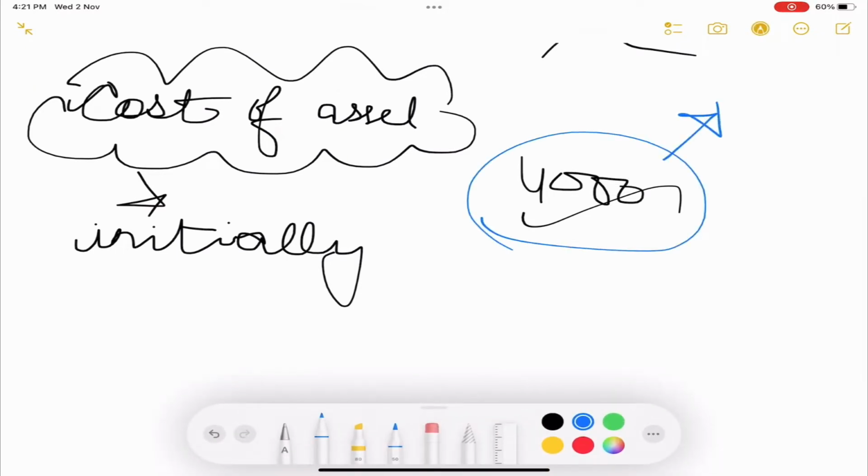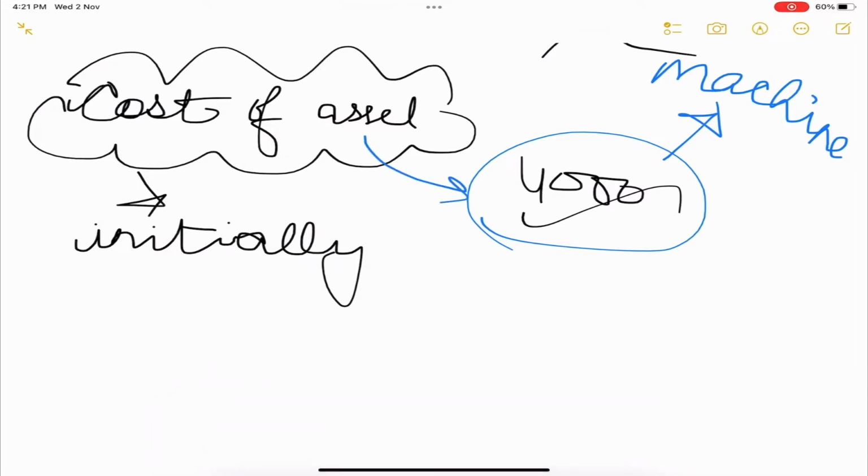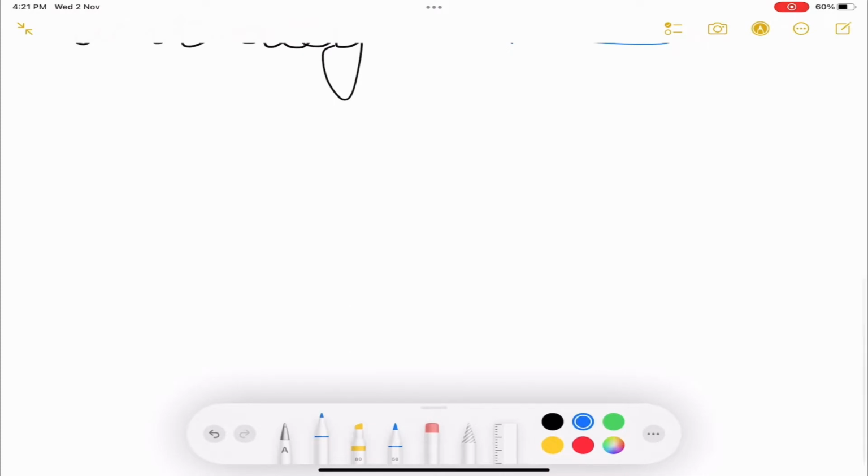Okay, now the 4,000, that is our cost of asset. Let's say it is a machine, and you bought the machine for 4,000 rupees. Let's say we used it for 20 years, and after 20 years if I have to sell my machinery, do you think I will get the entire 4,000 back?